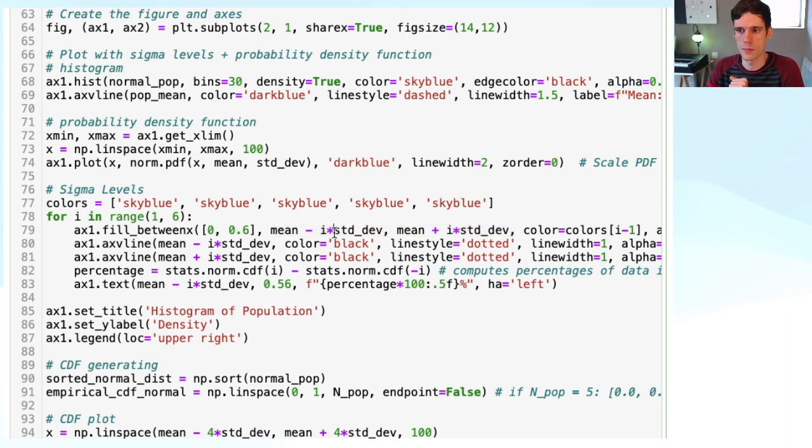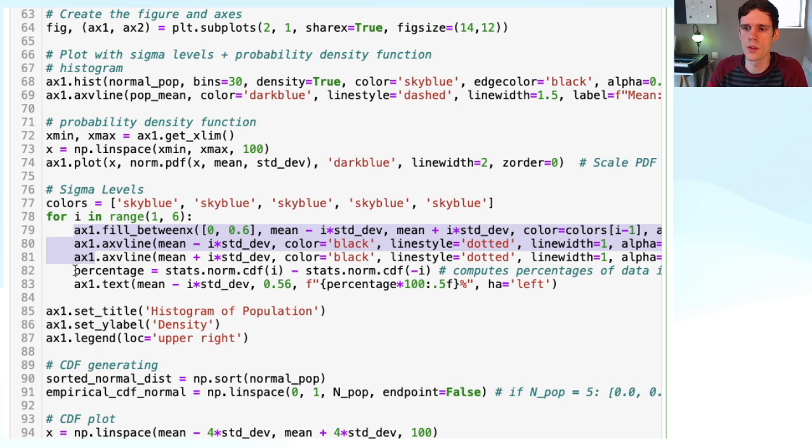So again, the same as the vertical lines. The left bound will be the mean, which is 0 in our case, minus i times 1 standard deviation. And the upper bound will be the mean plus i times the standard deviation. And thus these three lines take care of these different regions with these different bounds.